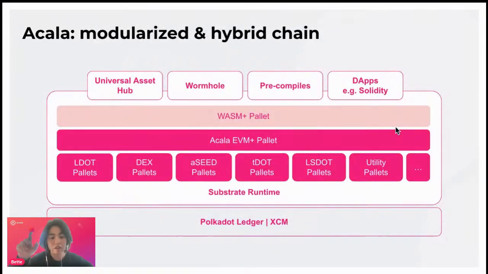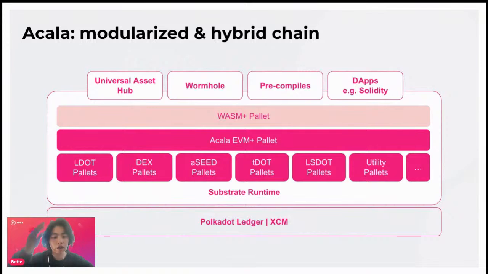And this is the stack. So the way that we solve this is on the Acala network. It's a modularized and also a hybrid app chain. And on the base layer, if you look at the chart from the bottom up, at the bottom layer, that's Polkadot providing maximum security and also cross-chain communication, which is also secured, right, in a trustless world.